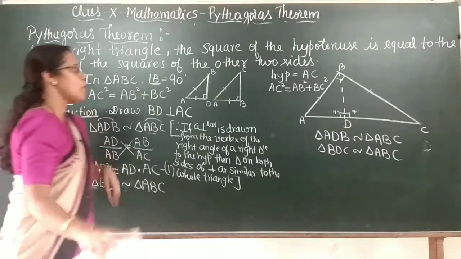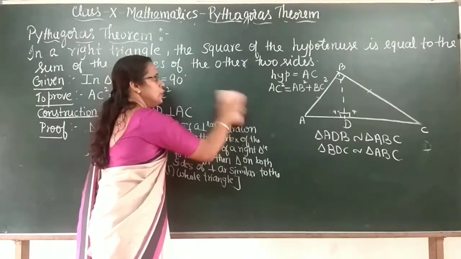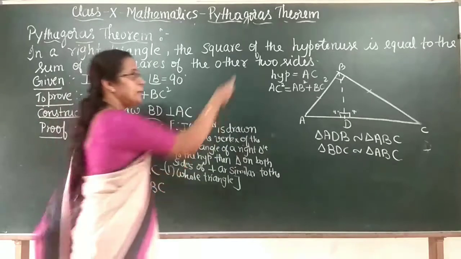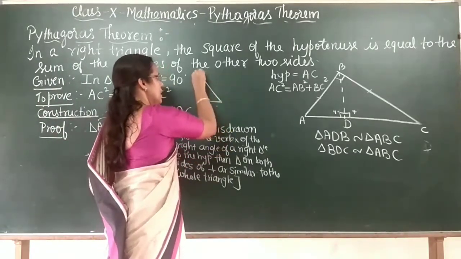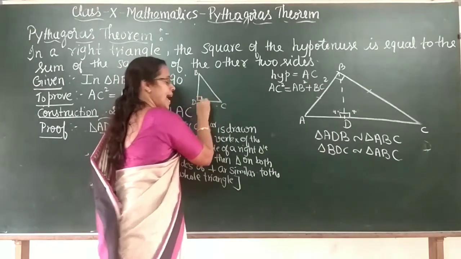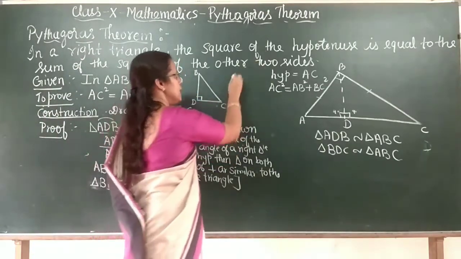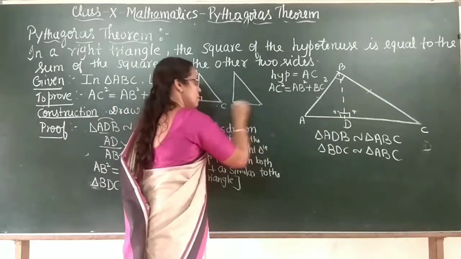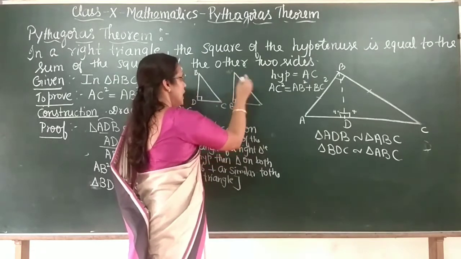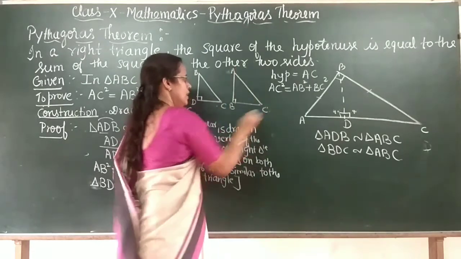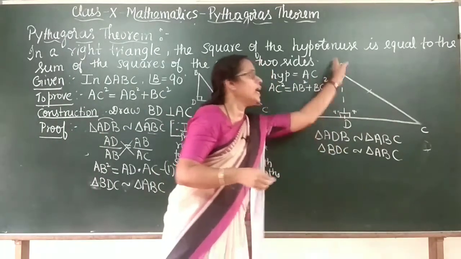Let us write the corresponding sides. If you can't understand, write the triangles separately. Triangle BDC, D angle 90 degrees only you have to take. Then ABC, B angle only 90 degrees. Like this, BDC, ABC.